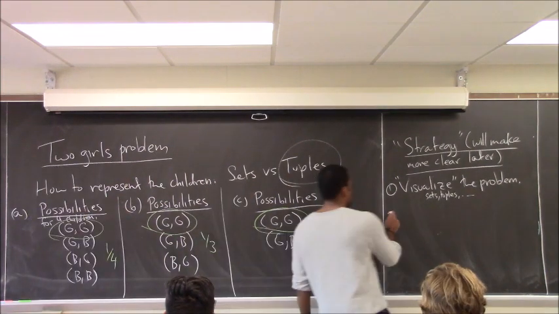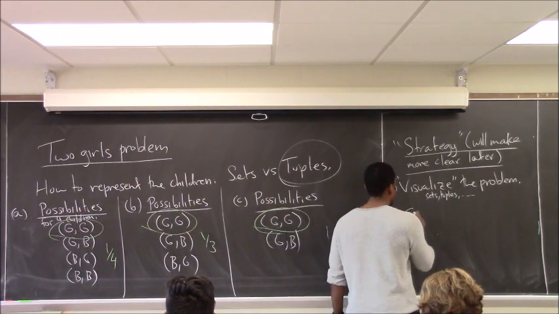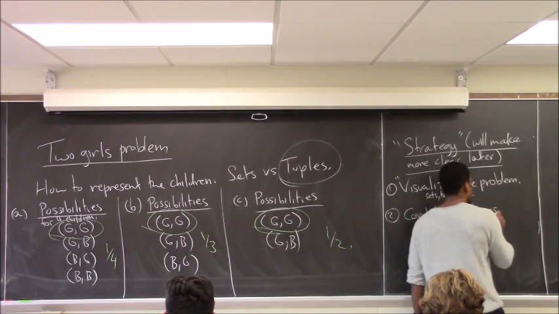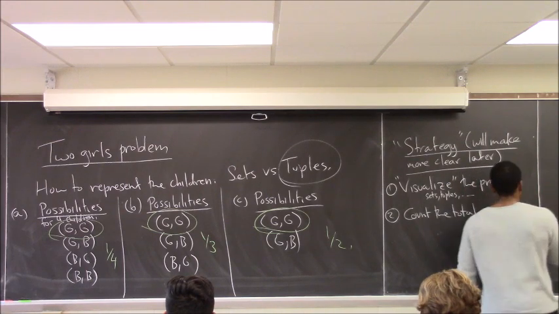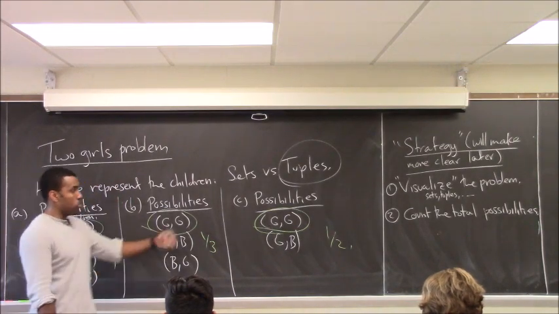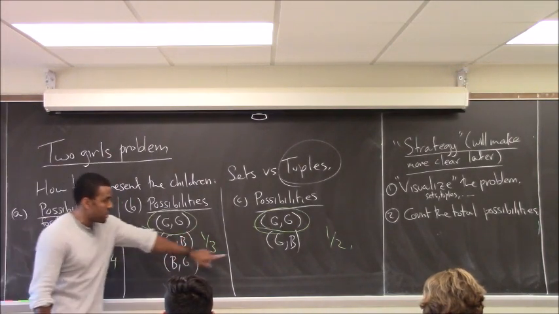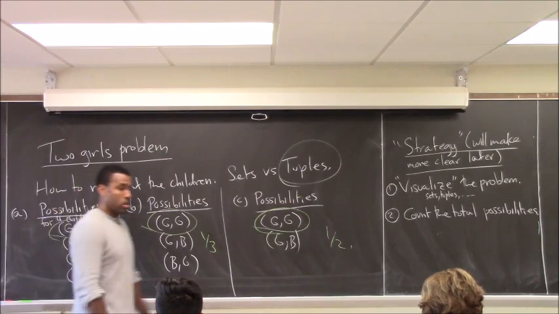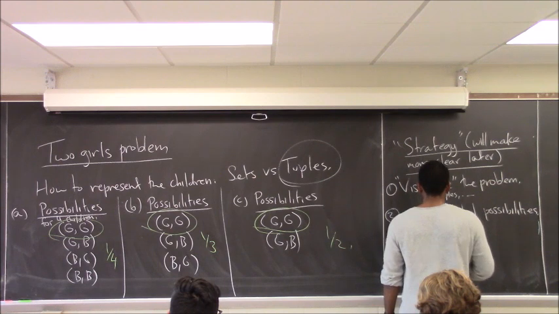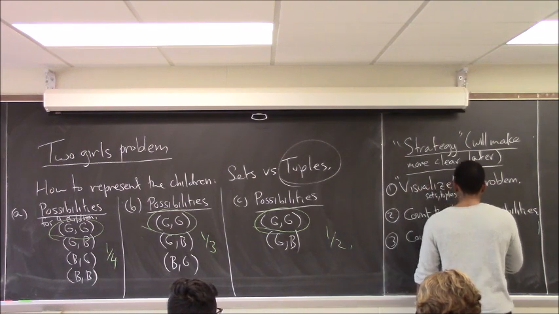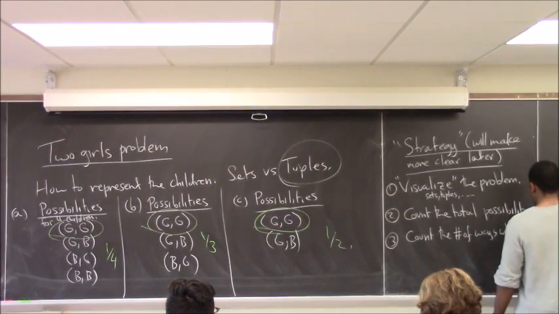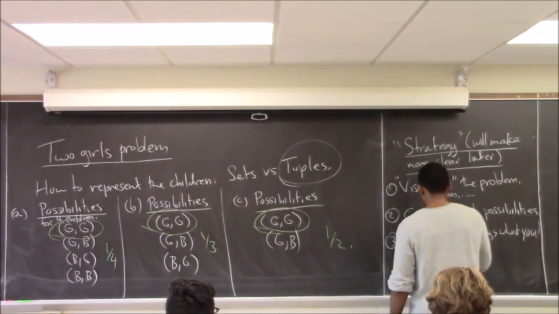2, you're going to want to be able to count the total possibilities. In the first situation, it was 4. In the second situation, it was 3. In the third situation, it was 2. This is going to give you the denominator of your probability. Then 3, you're going to want to count the number of ways what you want can happen.